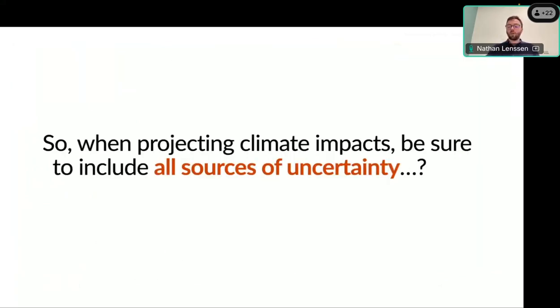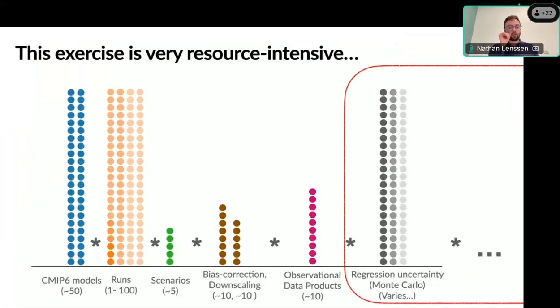Just trying to think about how we could even build a framework to include all sources of uncertainty in climate impacts: okay, we have 50 CMIP6 models. Each of them ran maybe somewhere between 1 and 100 members with 3, 4, 5 scenarios. And then we want to test out 10 different bias correction methods, 10 different downscaling methods. We want to compare with 10 different observational data products because we're looking at different variables.